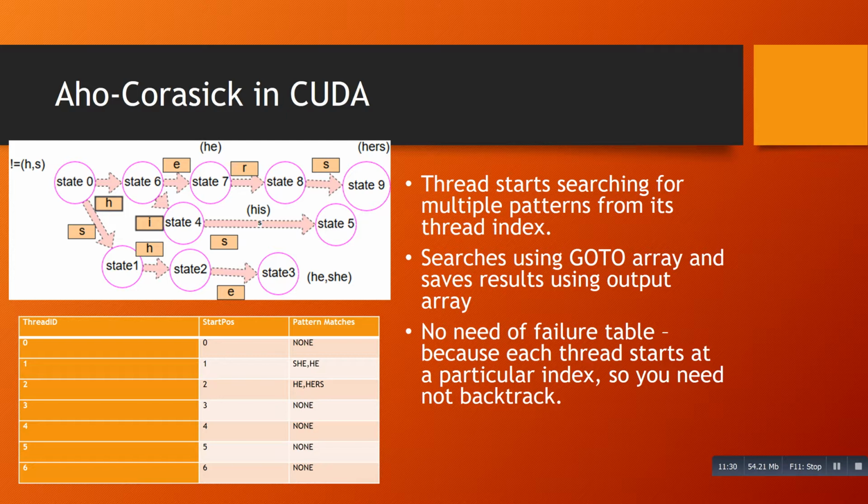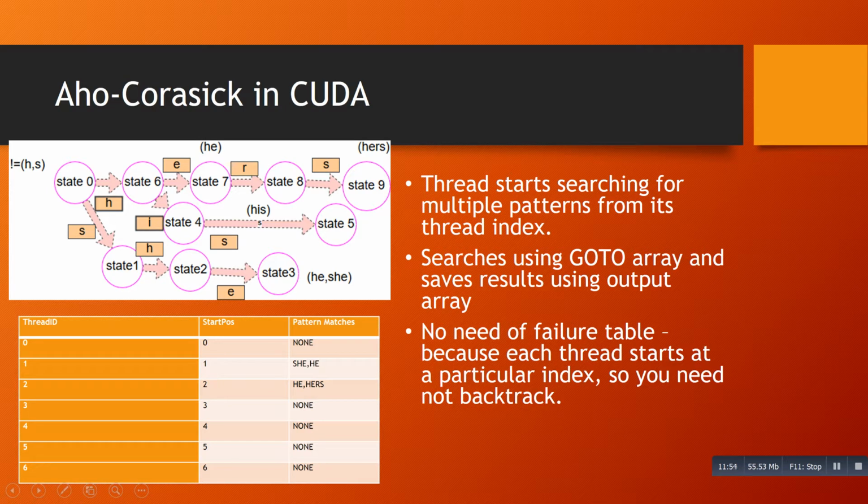In this algorithm we search using the goto array and save the results to the output array. Let's consider the input is HERSAB. Thread 0 starts at state 0. Since it's H, it goes to state 6. Since it's E, state 7, R, state 8, and S, state 9.